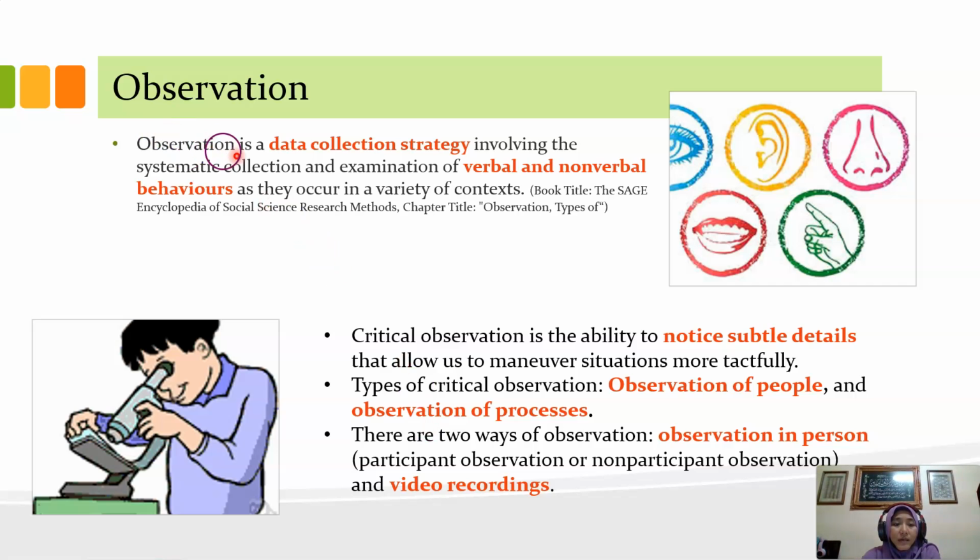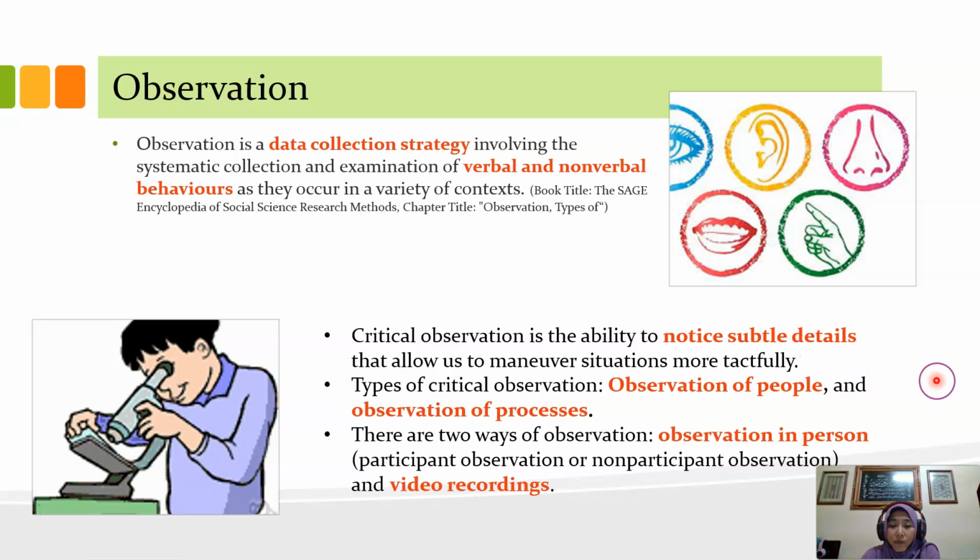Observation is basically a data collection strategy involving the systematic collection and examination of verbal and non-verbal behaviors as they occur in a variety of contexts. We have critical observation, which is the ability to notice subtle details that allow us to maneuver situations more tactfully.